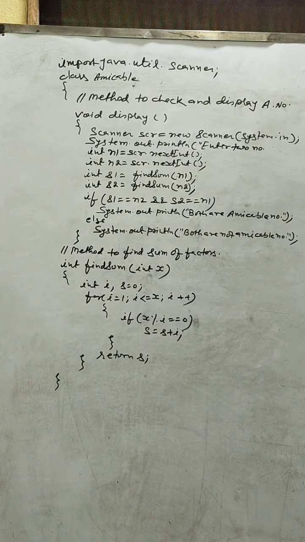If two numbers are such that the sum of factors of one number is equal to the other number, and the sum of factors of the other number is equal to the first number.